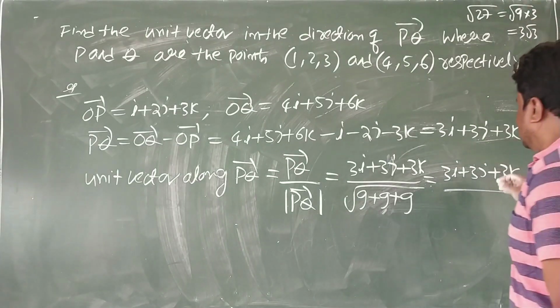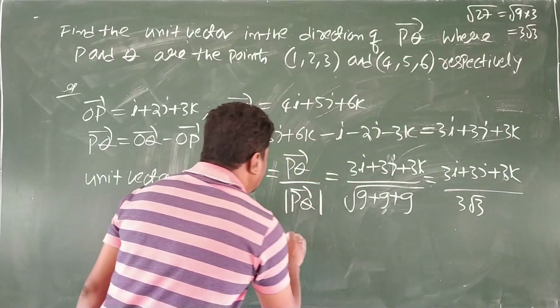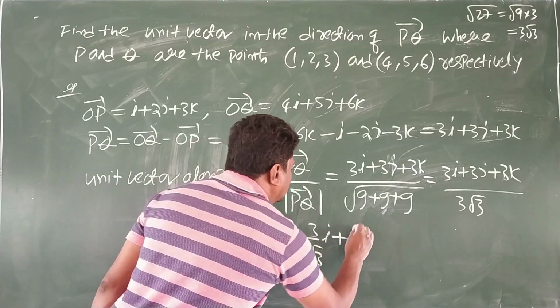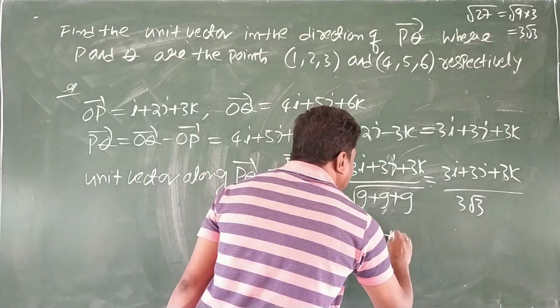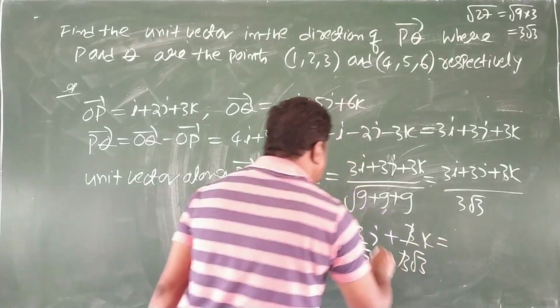So write 3 root 3, split it: 3 by 3 root 3 i plus 3 by 3 root 3 j plus 3 by 3 root 3 k. Cancel it.